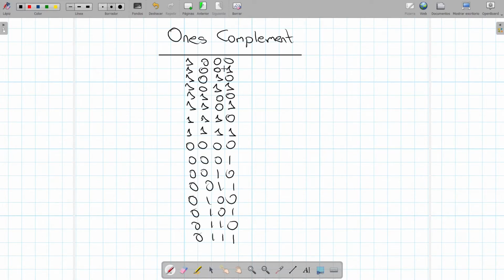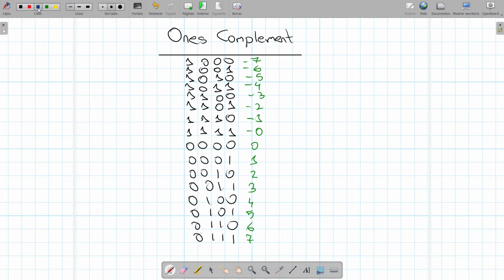So in the positive ones we would have 0, 1, 2, 3, 4, 5, 6, 7. This would be minus 1, minus 2, minus 3, minus 4, minus 5, minus 6, minus 7. And then we would still have a minus 0, which again doesn't make much sense.